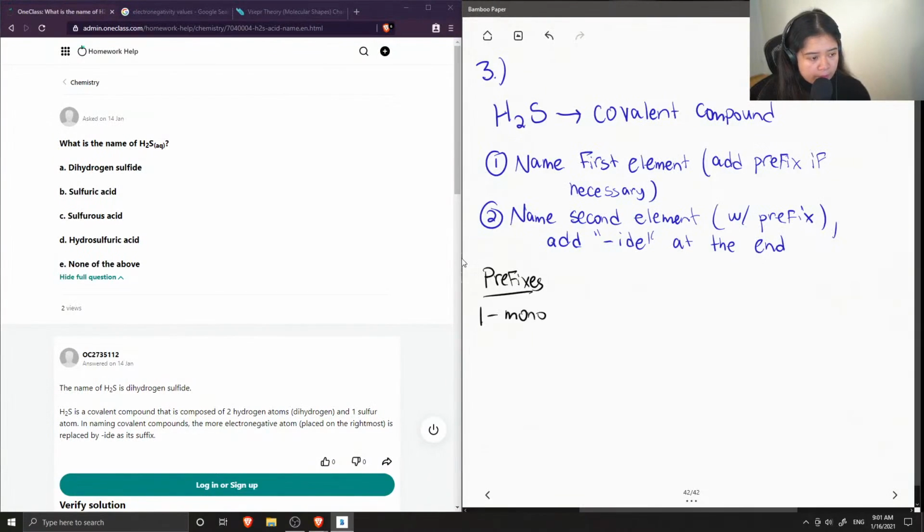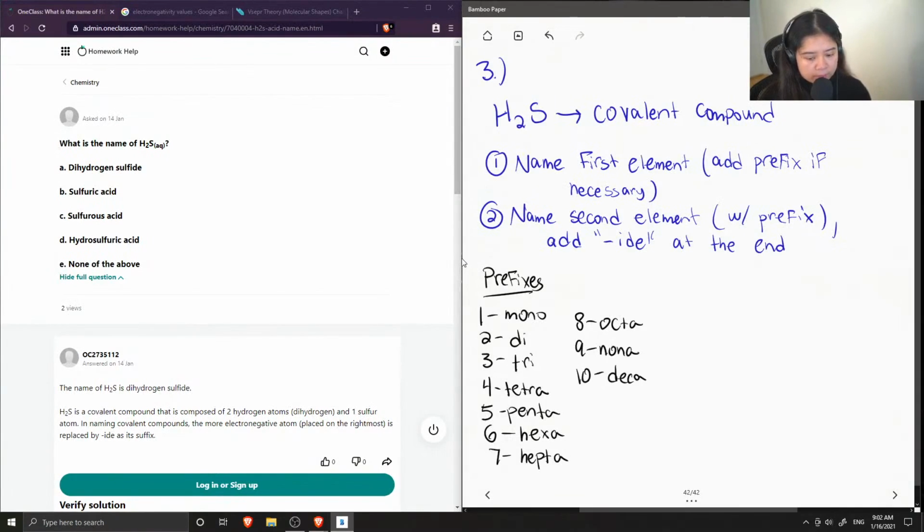So 1 is mono, 2 is di, 3 is tri, 4 is tetra, 5 is penta, 6 is hexa, 7 hepta, 8 is octa, 9 is nona, and 10 is deca. These can be pretty easy to memorize.